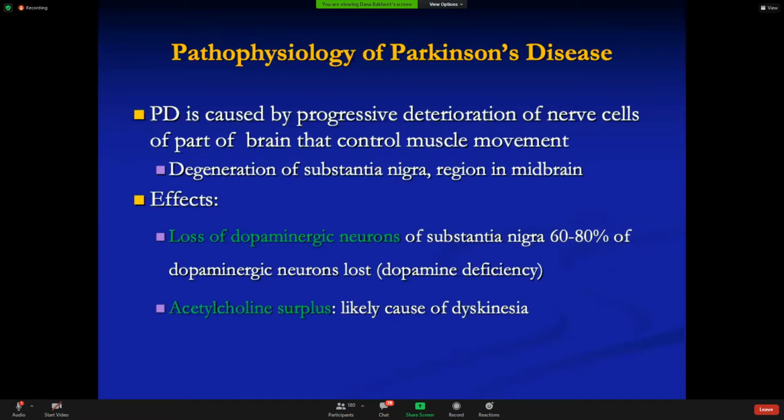So we have to replace the patient's dopamine. If you give them dopamine, at least you can find some improvement in the patient. Acetylcholine surplus, which is excessive, is the likely cause of the dyskinesia.